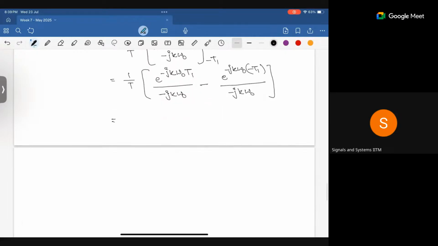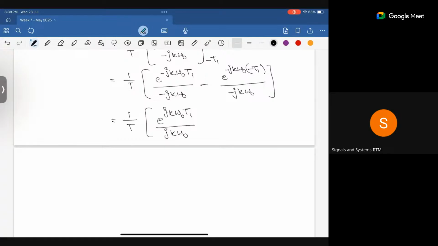Okay. So 1 by T. We'll just simplify some things. So here minus and minus, right? This minus and this minus will become plus. And here also this will become plus. I'm going to write it as the first term now: e power j k omega naught T1 divided by j k omega naught.